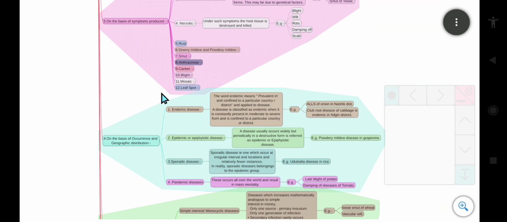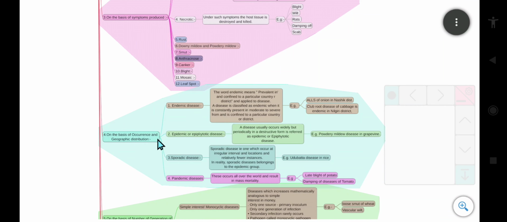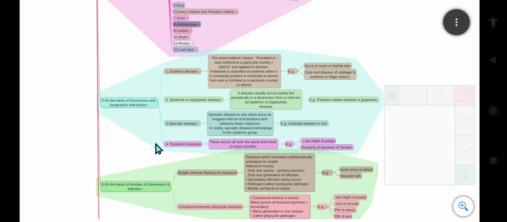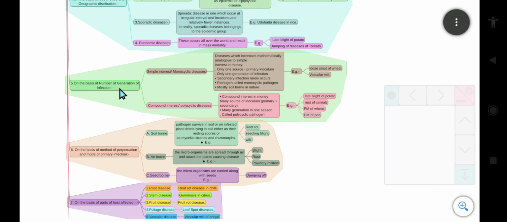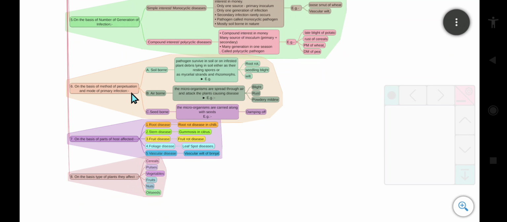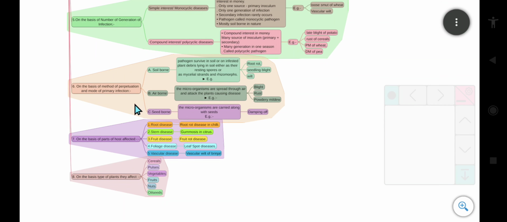Fourth one is on the basis of occurrence and geographic distribution, and fifth one is on the basis of number of generations of infection. Sixth one is on the basis of method of perpetuation and mode of primary infection, seventh one is on the basis of parts of host affected, and the eighth one is on the basis of type of plants they affect.